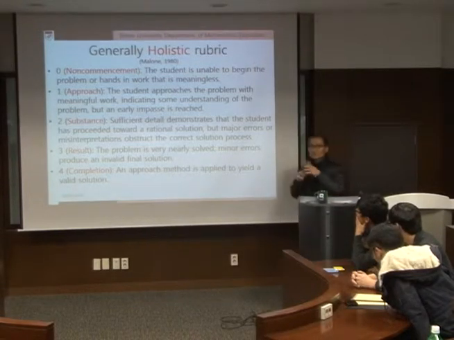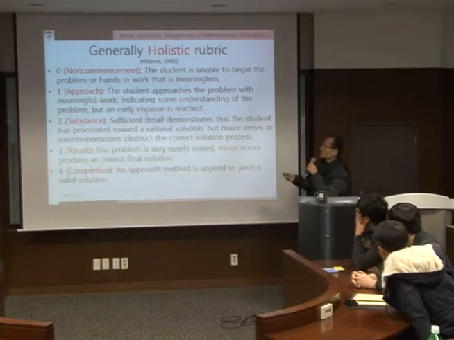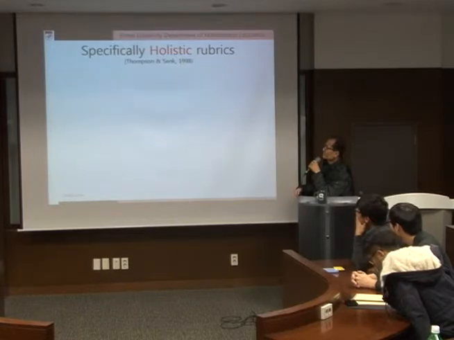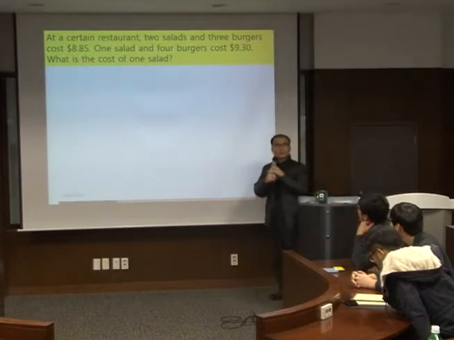Anyway, can you see the generally holistic rubric? What kind of structure is generally used to develop a holistic rubric or holistic evaluation standard? I'm going to give you 1 or 2 minutes.